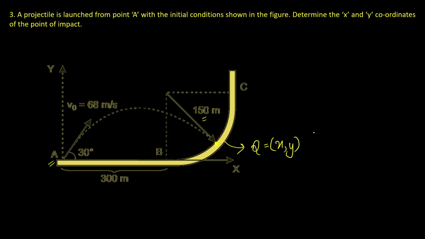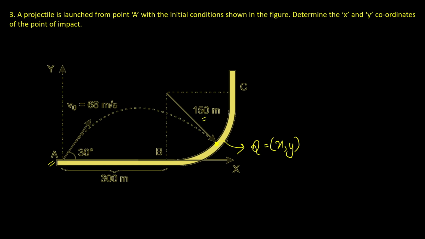At first when you see this question, you're going to get confused. That is obvious, because you don't know how to proceed for these kinds of questions. You need to think somewhat differently than in the conventional projectile questions. Here we have this quadrant, which is a part of some circle, and this projectile, and you need to find the point of intersection of the projectile and this circular part.